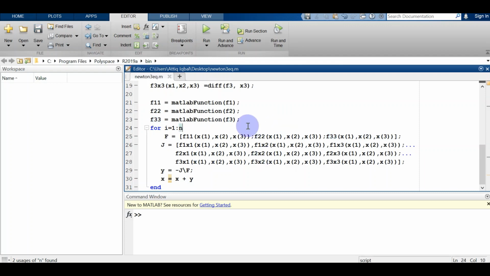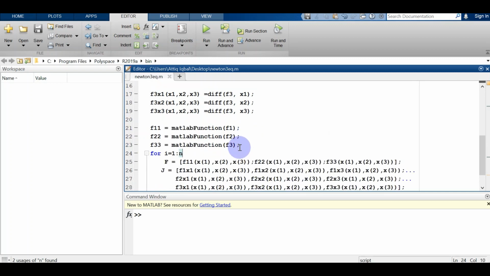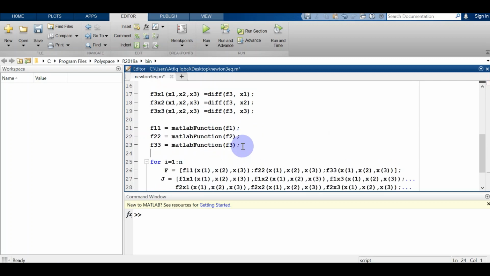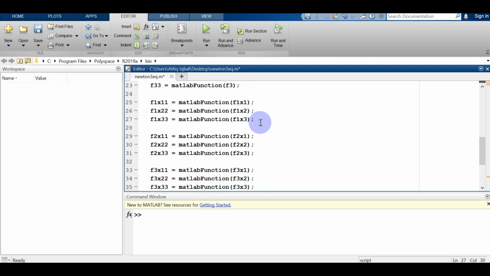Similarly, I have to convert the partial derivatives, the variables in which the partial derivatives are stored, into function handles, and I'm going to do it using the same matlabFunction command. Here I converted the symbolic expression of partial derivative f1 x1 into a MATLAB function handle, and the variable for it is f1x11, so that the variable name does not overlap with the previous variable name.